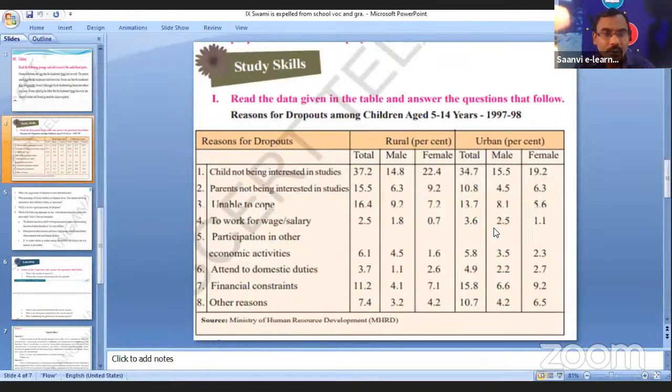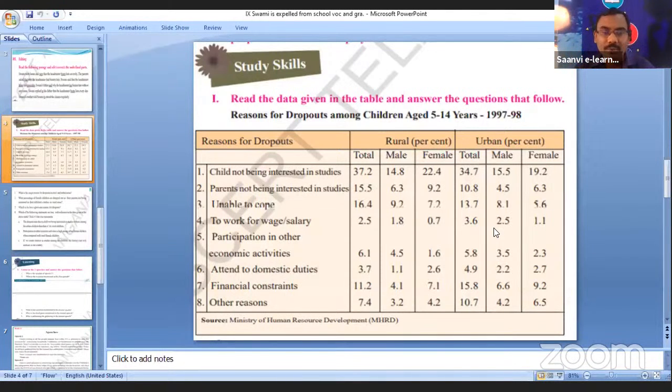So I want everybody to read it once. Child not being interested in studies: total 37.2, male 14.8, female 22.4; total 34.7, male 15.5 and female 19.2. So here two sections are there, one is rural, one is urban.